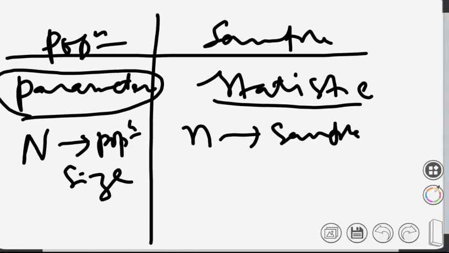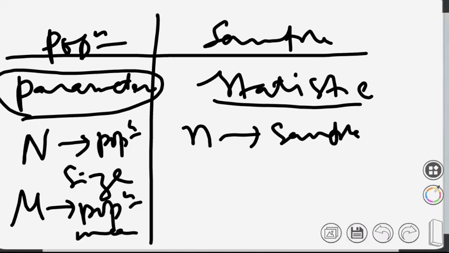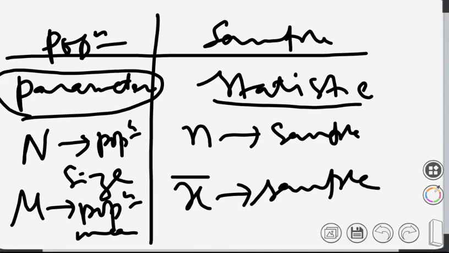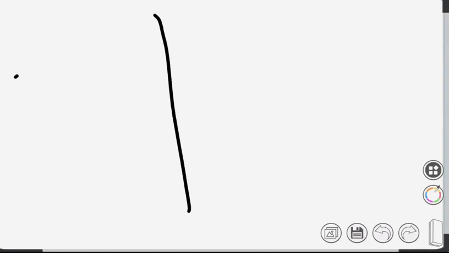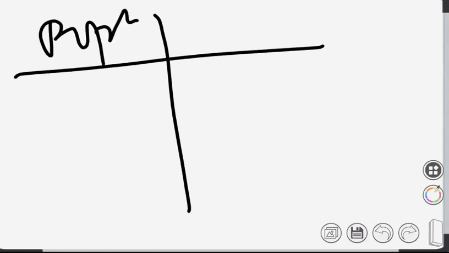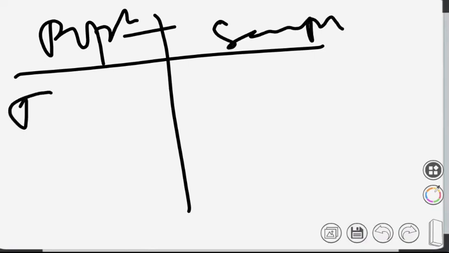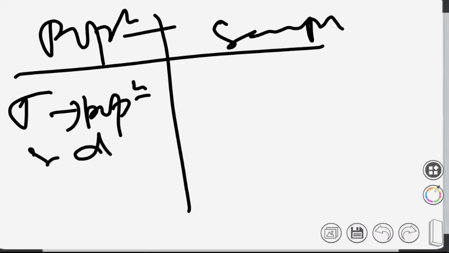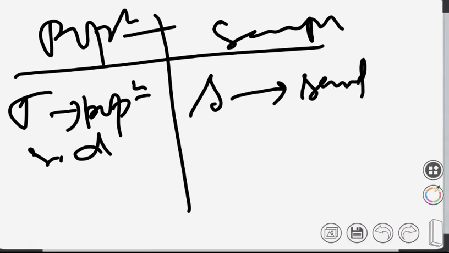We will denote mu as population mean, and we will denote x bar as sample mean. We will denote sigma as population standard deviation, and we will denote S as the sample standard deviation.